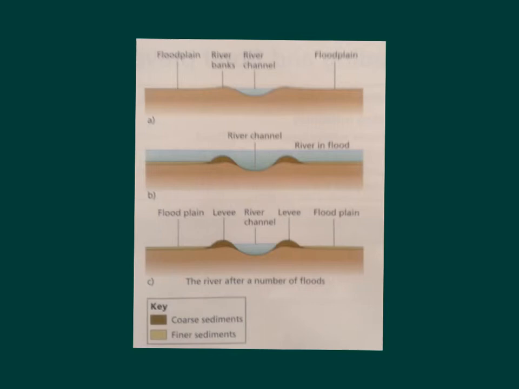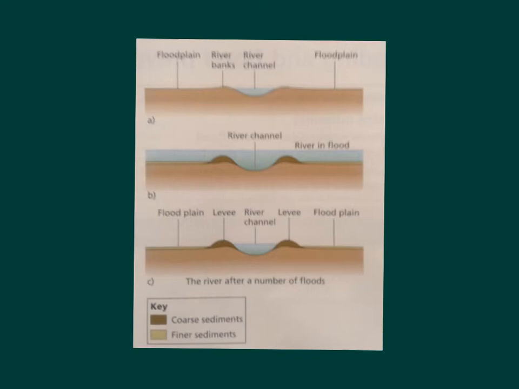So what we get either side of that river channel in the second diagram is these dark mounds, and these are called levees. And if you look in the second diagram, you can see these after the flood. Now, one of the things these levees do is they offer natural protection to a river.